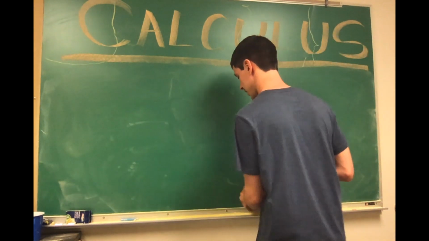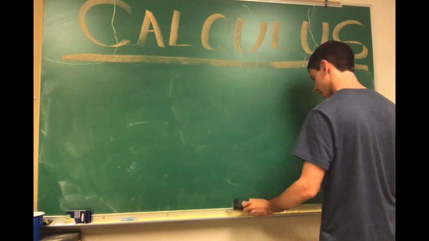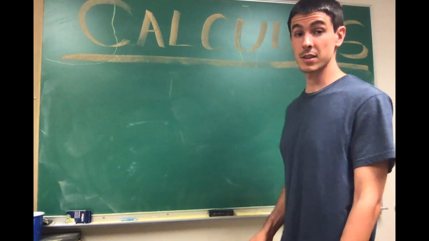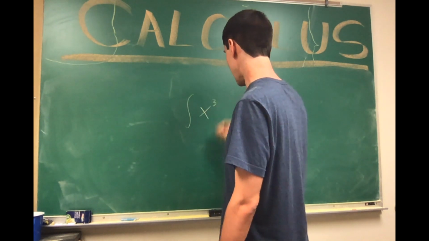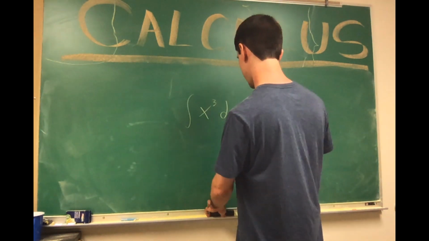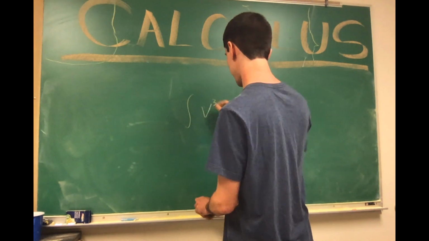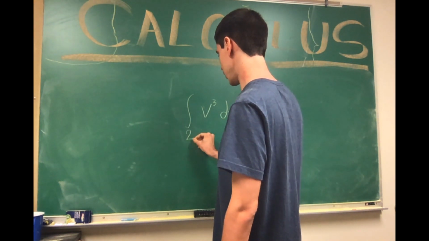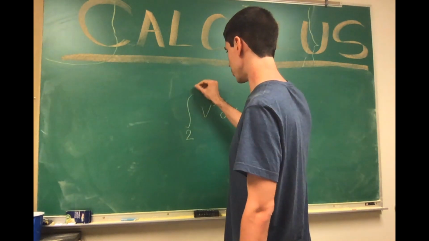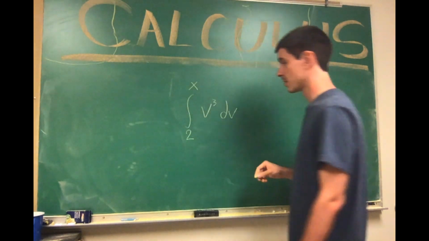Now I'm actually going to do what I said, which is give some more examples that I won't necessarily give graphs for. So let's say the integral of x cubed dv, from 2 up to x.